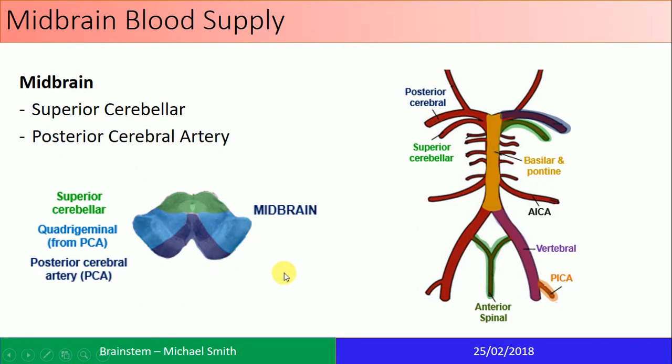So in our midbrain, we have the posterior part, which has our superior cerebellar artery. We then have our anterior part as part of our posterior cerebral artery. And you can see each of these here, so our superior cerebellar artery and our posterior cerebral artery.